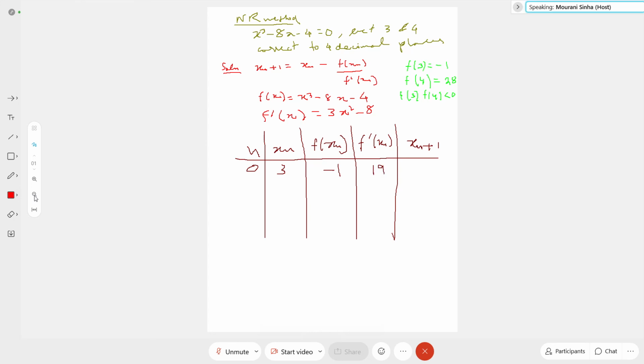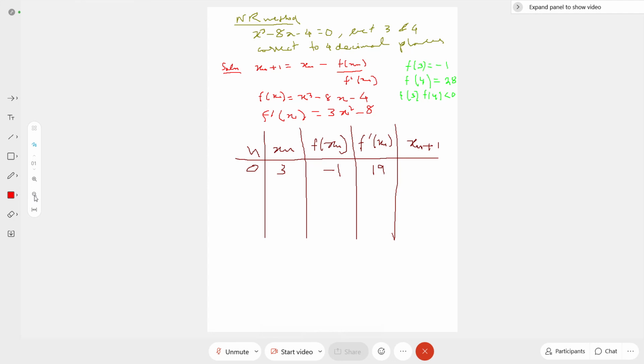Xn plus 1. This is the formula. What will be xn plus 1?